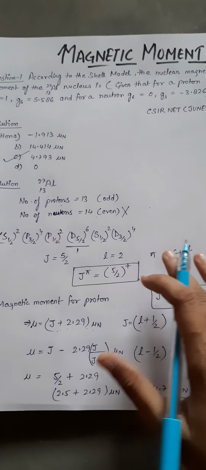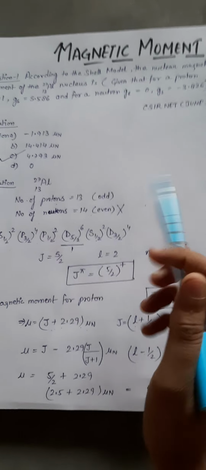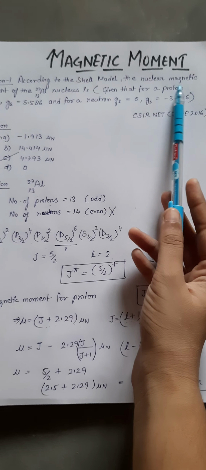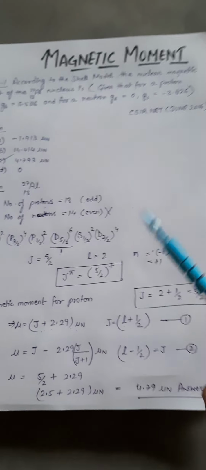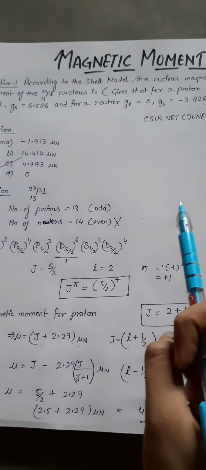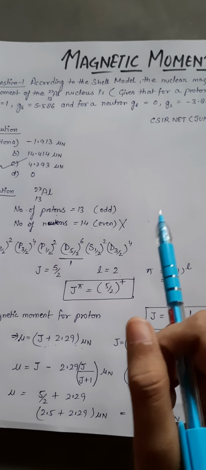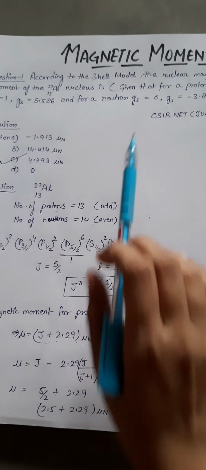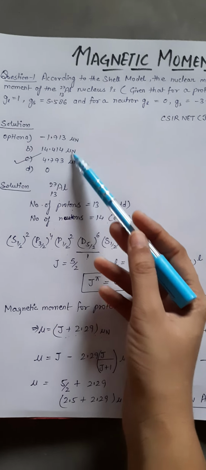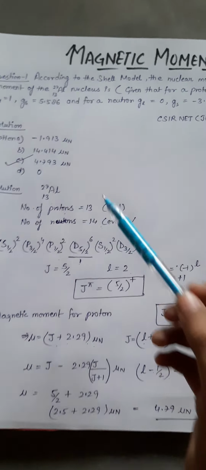We don't have to consider this data, because I am going to tell you a concept by which you can easily calculate the magnetic moment within a few seconds. So you don't have to consider this given data. These are the options given to us.